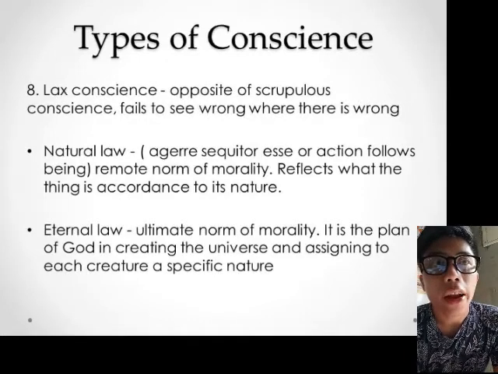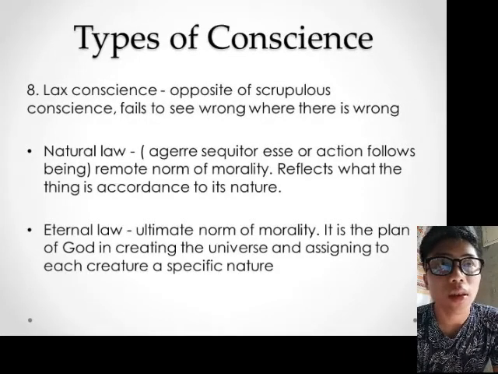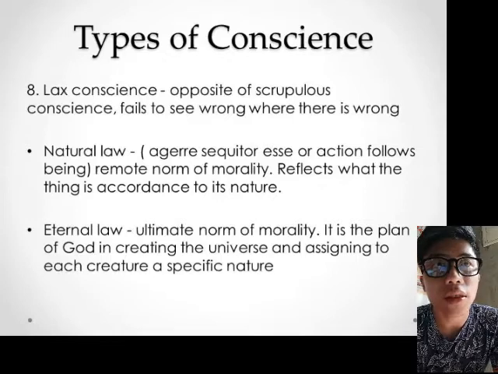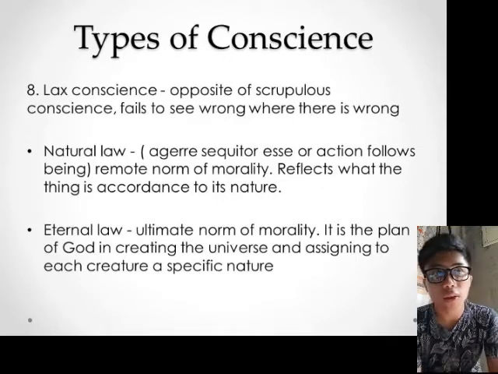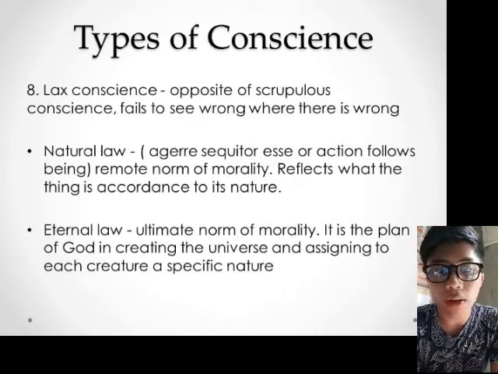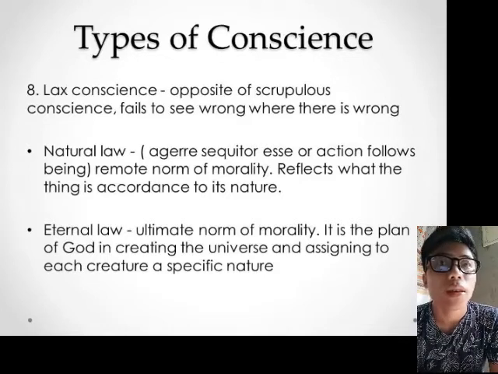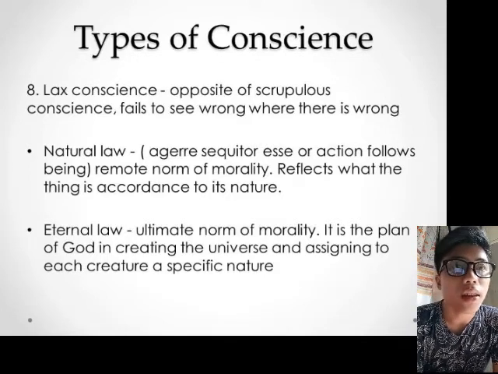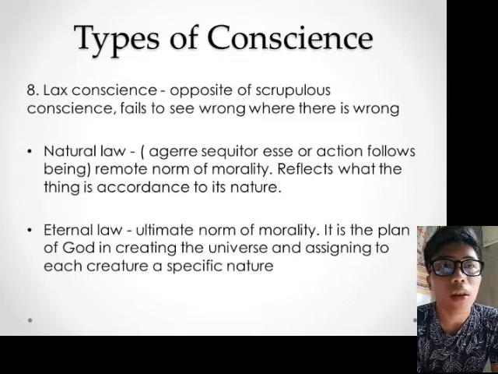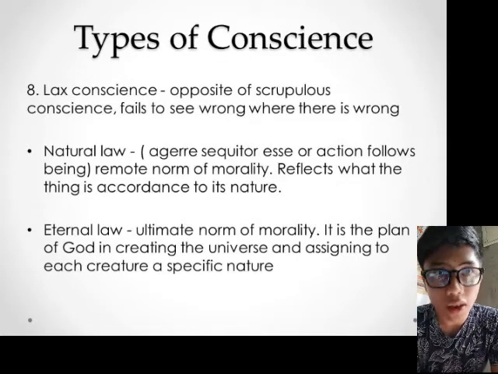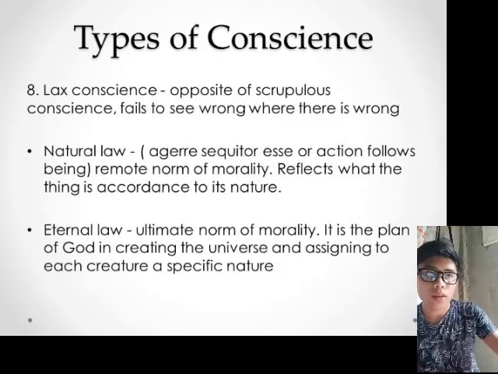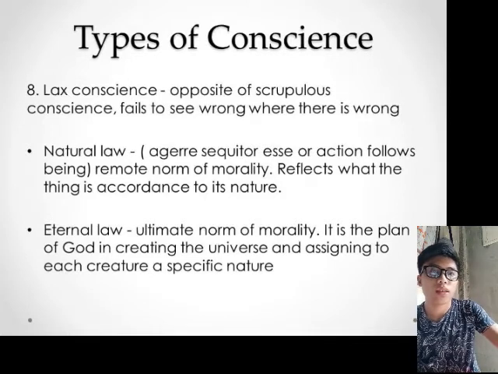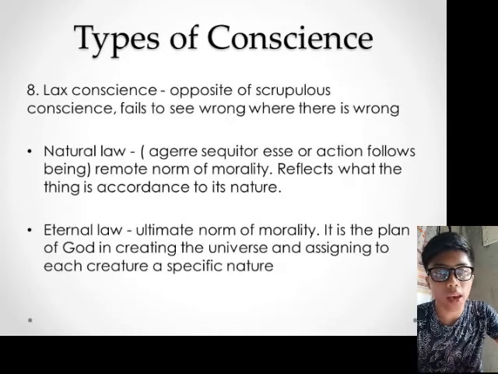Number 8, lax conscience. It is the opposite of scrupulous conscience. It fails to see wrong where there is wrong. Then, there is natural law and eternal law. Natural law here is that agere sequitur esse, or action follows being.